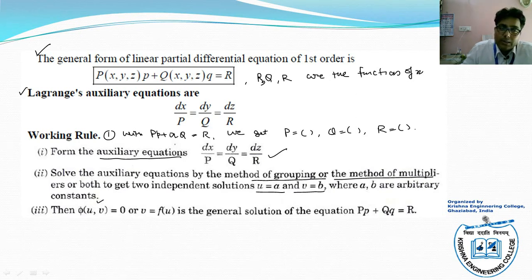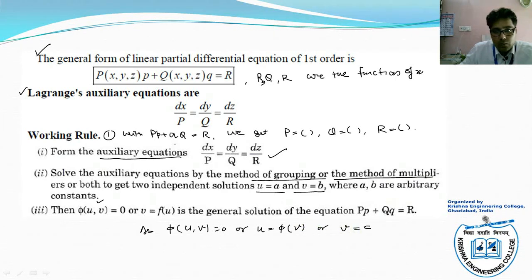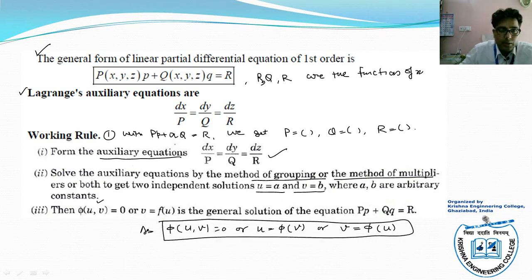Then write the general solution as phi(u, v) is equal to 0, or u is equal to phi(v), or v is equal to phi(u). We write any one of these three cases, but generally we use the first case, phi(u, v) is equal to 0. Clear?